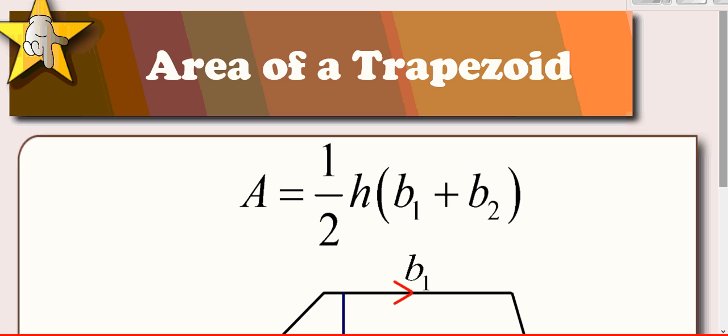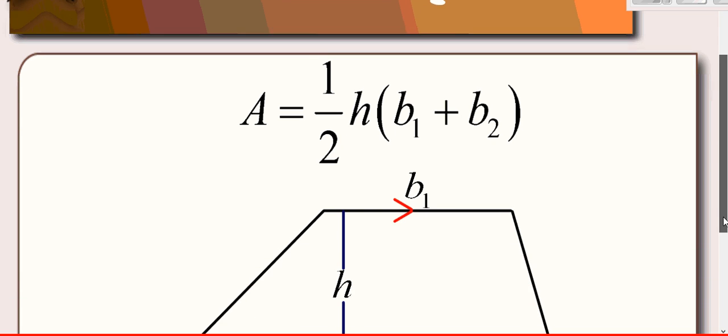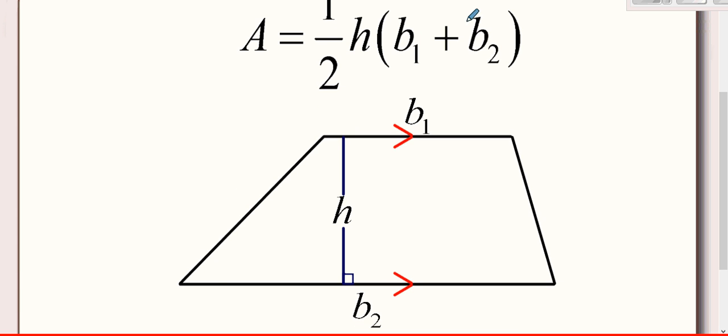For a trapezoid, we got this formula: 1/2 the height times the sum of the two bases, base 1 plus base 2.